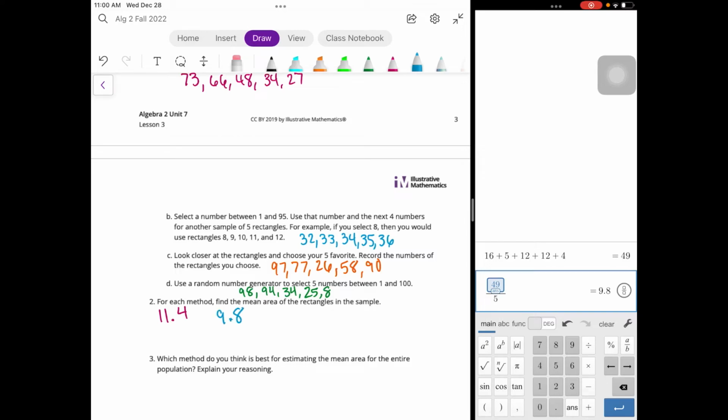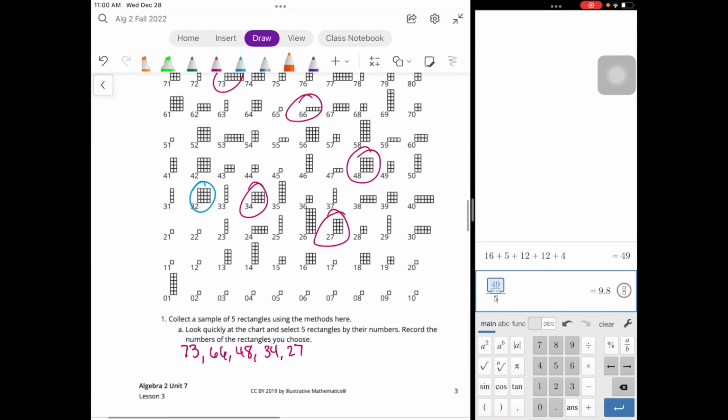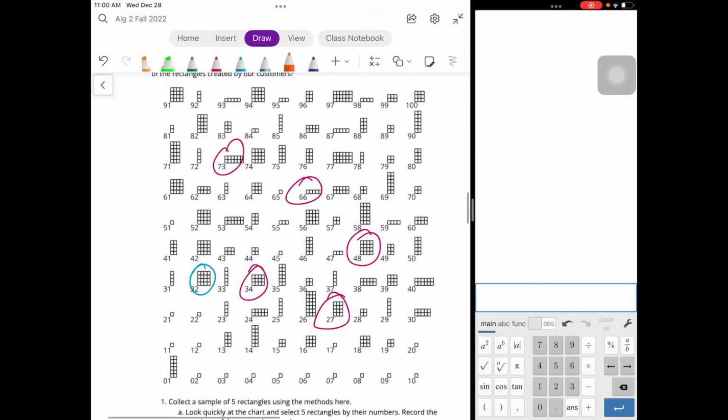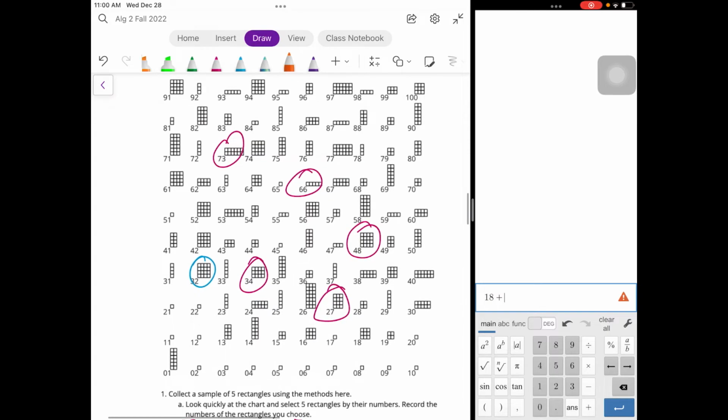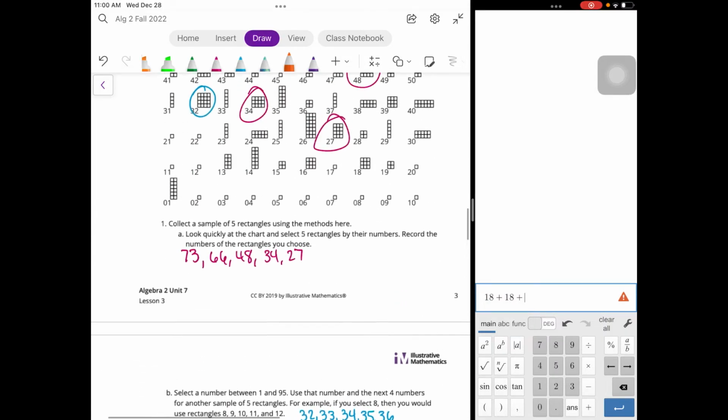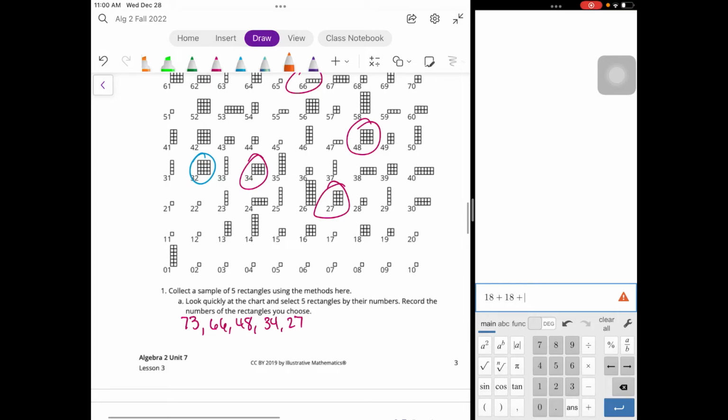All right. And then we're going to do 97. 97 is a 3x6, so that's 18. 77 is another 3x6, so that's 18. 26 is 3x7, right? So that's 21.